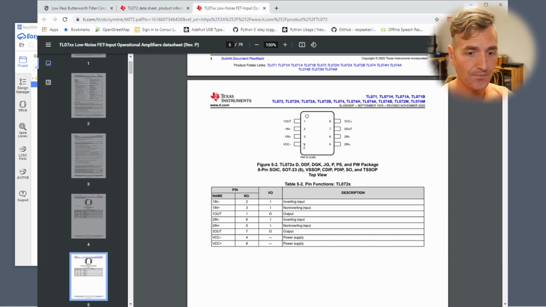Now, why is that? My audio input goes above and below ground. It's a positive and minus signal. That's the way it comes into my board. And anything that goes below the negative reference point on this chip just basically clips away.